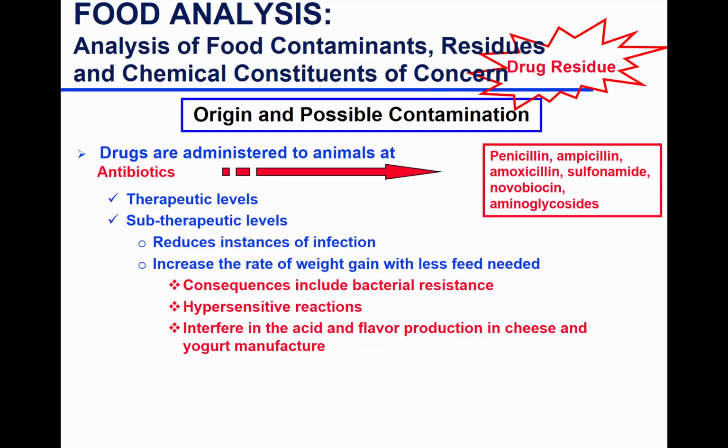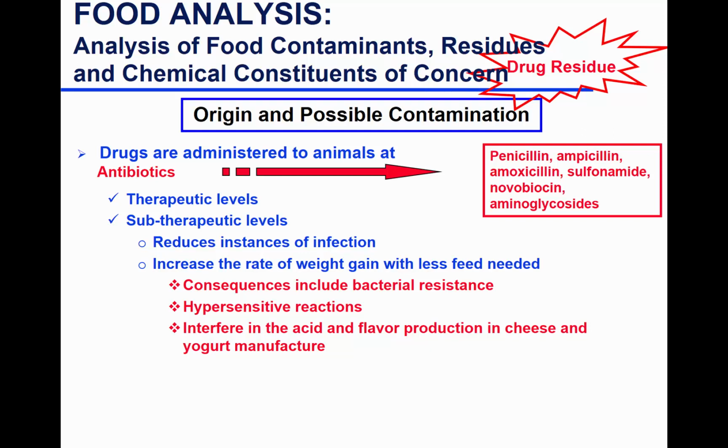Next is drug residue. So these are antibiotics. So they are administered to animals for either therapeutic or subtherapeutic purposes. Therapeutic, like if the animal is infected, obviously they treat them with antibiotics.